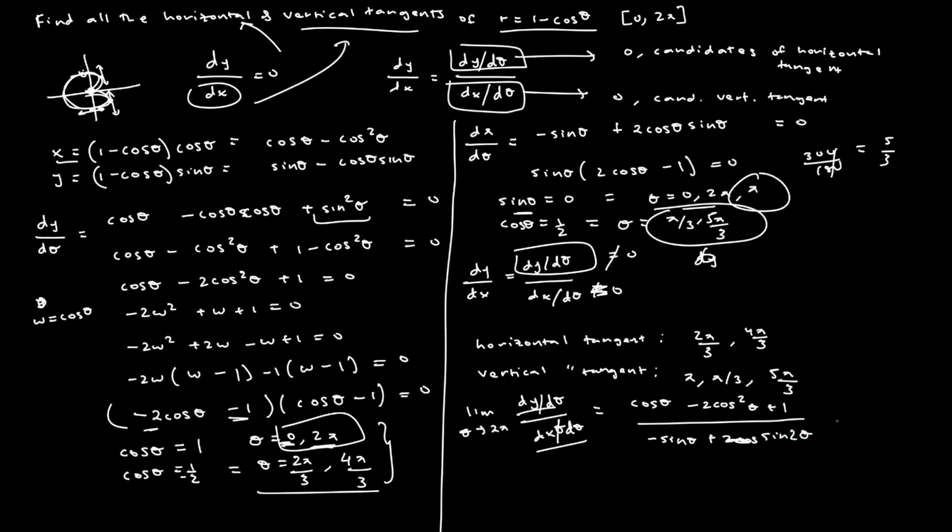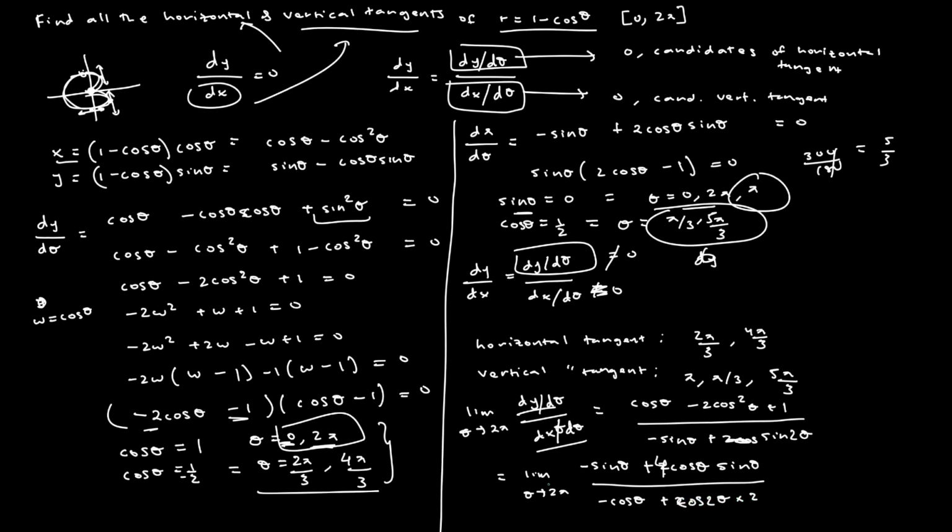And now I can use L'Hopital's rule and rewrite this as the limit as theta tends towards 2 pi of minus sine theta minus 4 cosine theta times sine theta, so that switches this to a plus sign, and then the constant gets removed, and then this becomes minus cosine theta plus cosine 2 theta times 2.